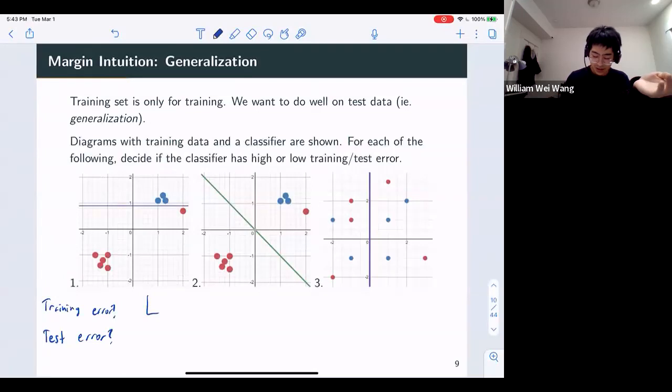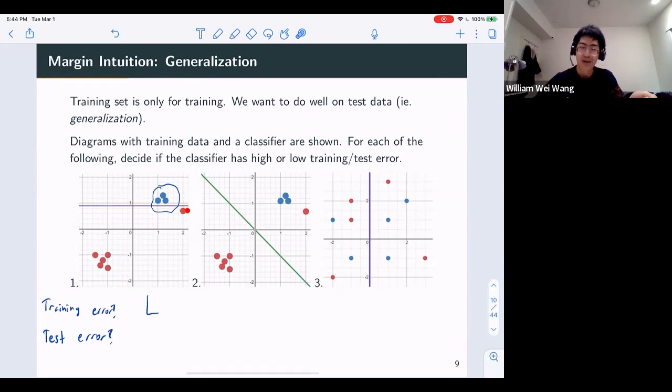The cost here is that, at least relative to a different classifier, if I imagine that there's a blue blob here, you're going to get all of these blue things that lie over here incorrect, because you compromised your fit in order to accommodate this red point over here.